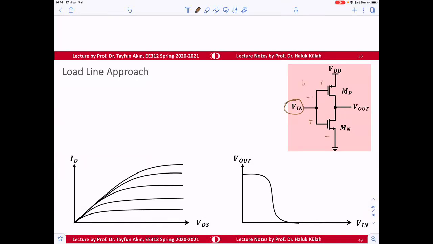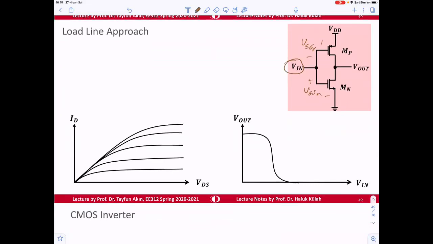When we source the gate of P, this is the gate to source of N. So it will be changing. I guess this is the reason that I'm going to skip this load line approach, but basically, we will be having lines here.